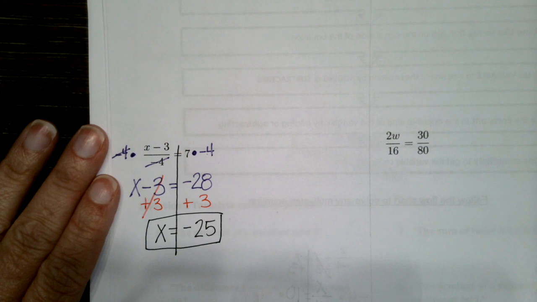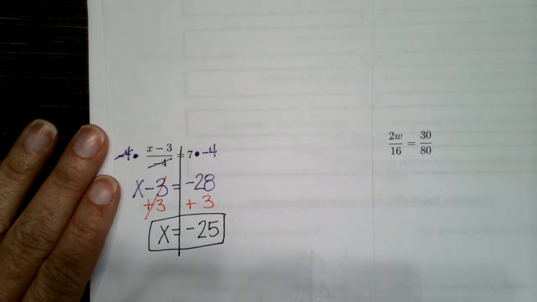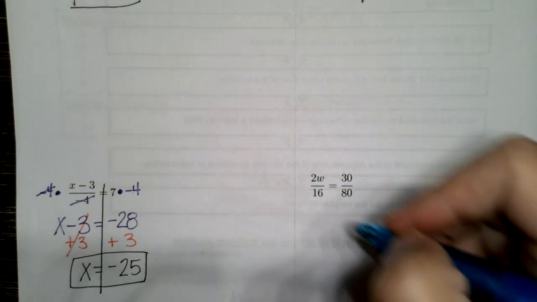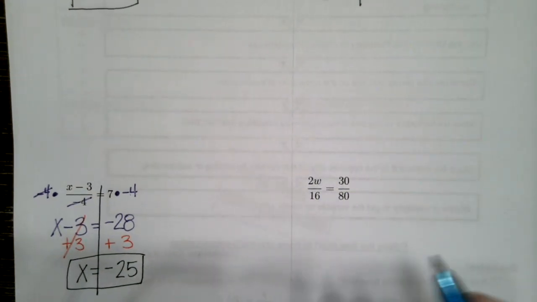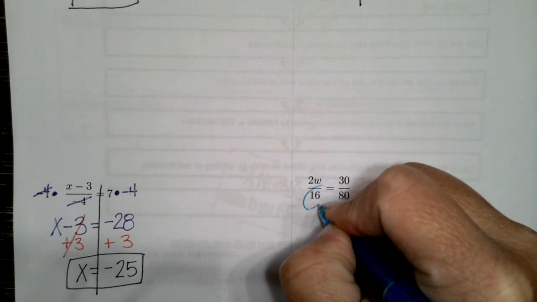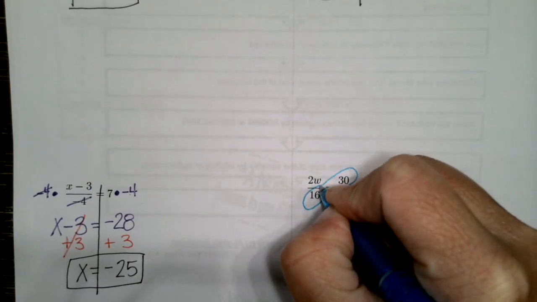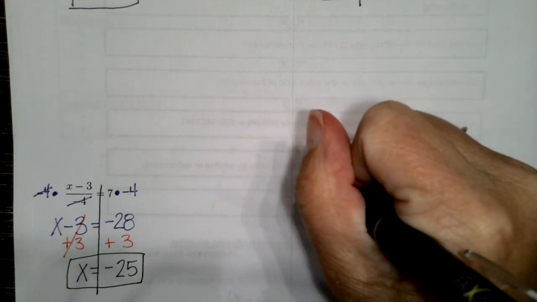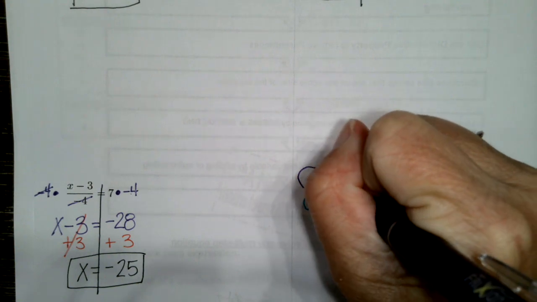Now the proportion. So the proportion problem, we're going to go ahead and set that up, and we are going to cross multiply. So when we cross multiply, these two multiply together, and then these two multiply together.